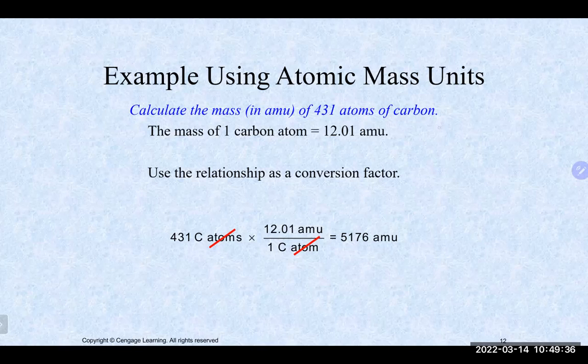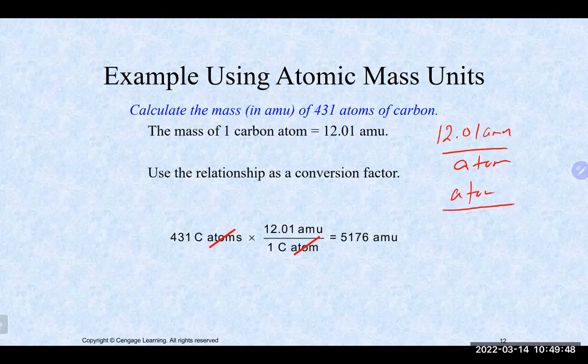So we look up carbon. Basically that would be 12.01 AMU per atom. Or we could write another conversion factor, which would be that an atom of carbon has 12.01 AMU. So if in this problem we want to calculate the mass in AMU of 431 atoms of carbon, we would start with the 431 carbons.